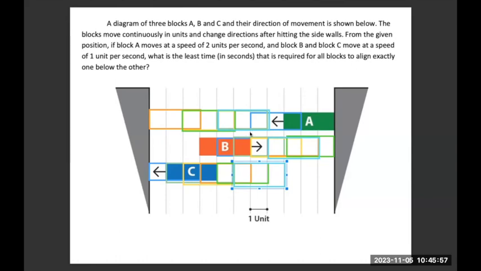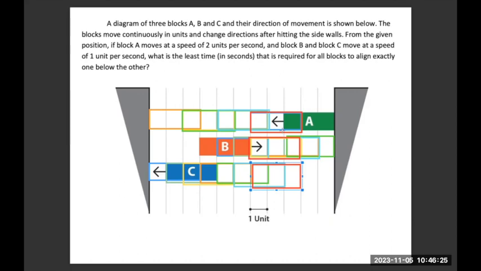After this, the next position will be here. B's position will be here. Sorry. Here. And C's position after that will be here. So in the 7th second, all the blocks will be aligned in one row.